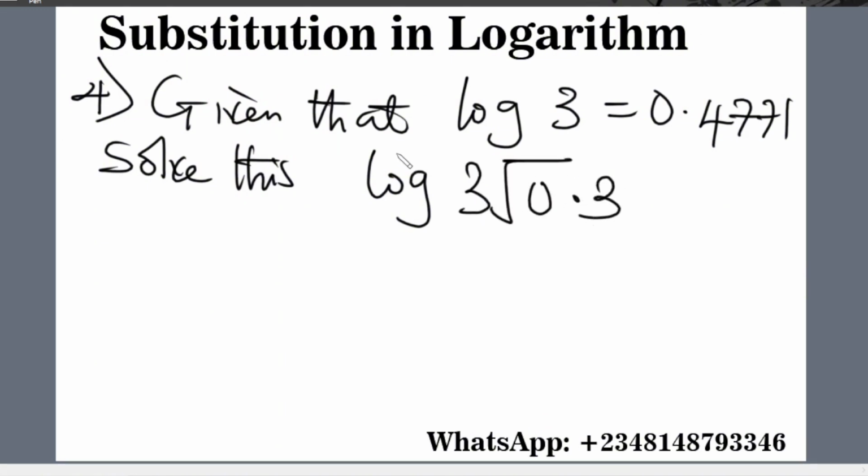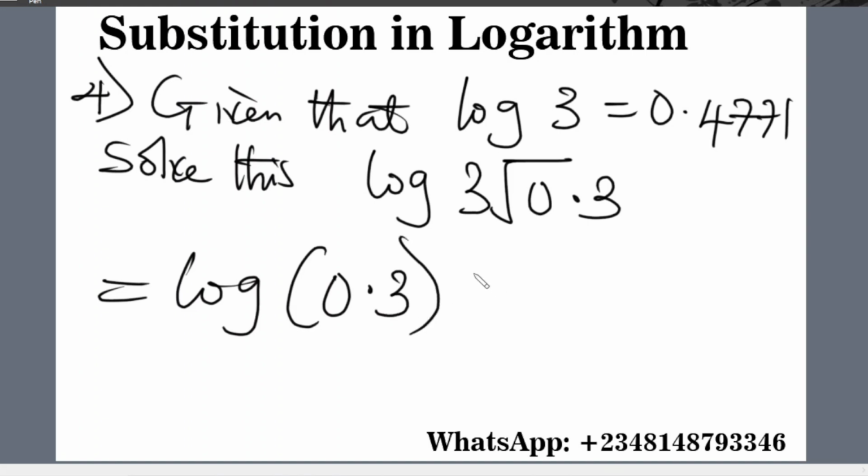Now the first task is to change this to index form. If we change this to index form, it will become log of (0.3 raised to power 1 over 3). Now the next task is to apply the index logarithm law.